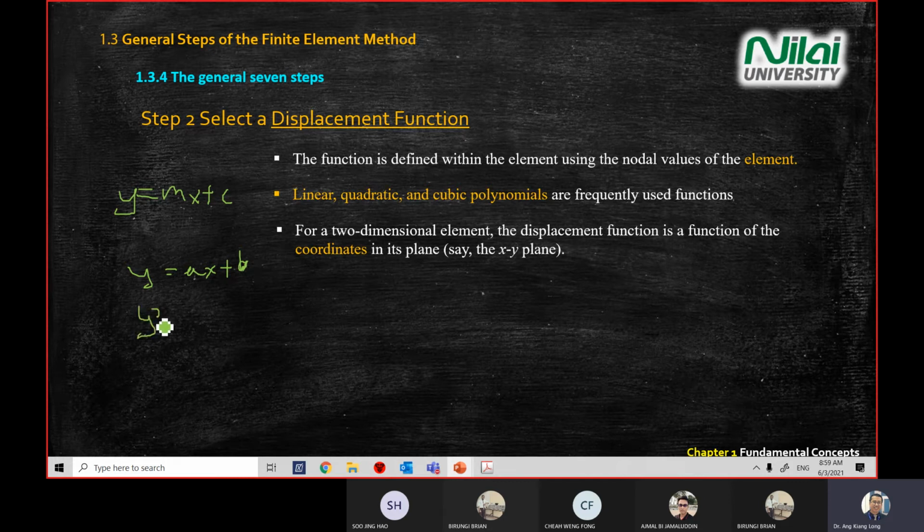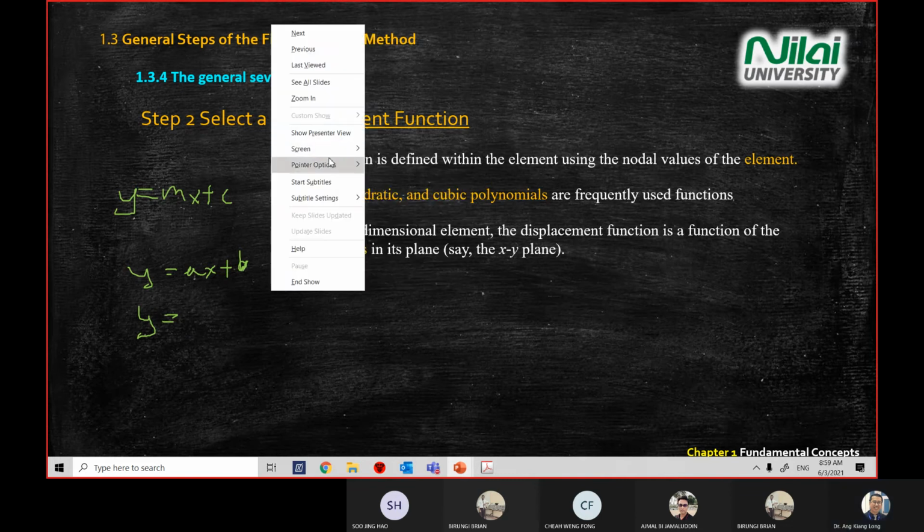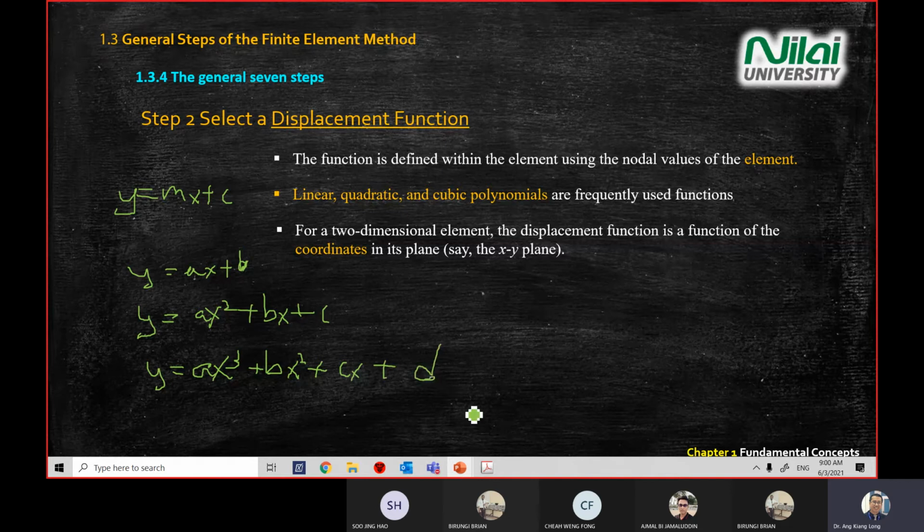If you have quadratic, let me erase it. y equal to ax squared plus bx plus c. This is a quadratic. Cubic, y equal to ax cubed plus bx squared plus cx plus d, and so on.